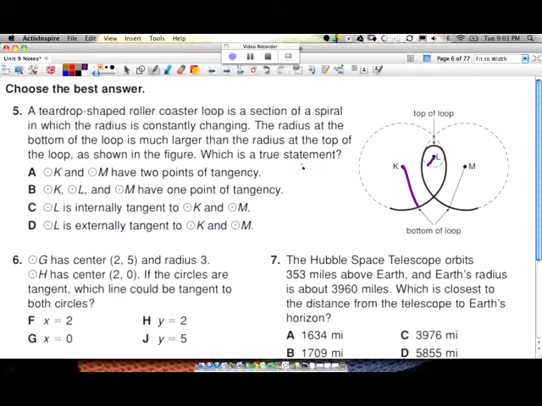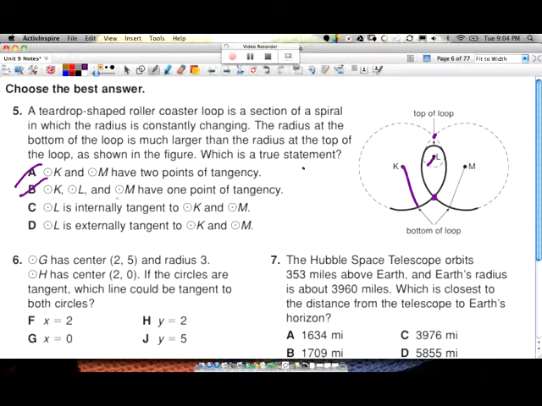K and M have 2 points of tangency. I don't know what that means. Oh, 2 points of tangent? No, they intersect, but those aren't tangent points. No, they don't even have 1 point of tangency. L might.